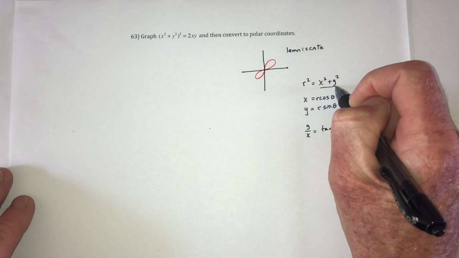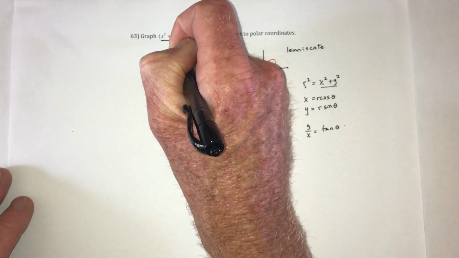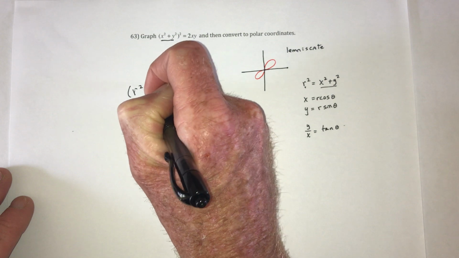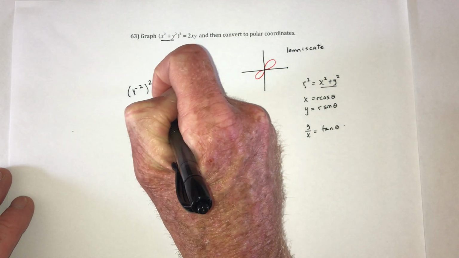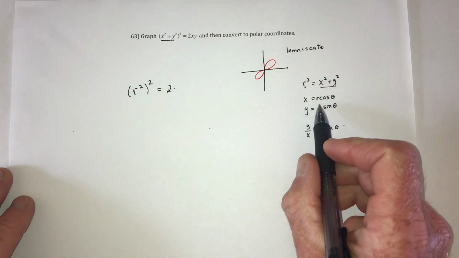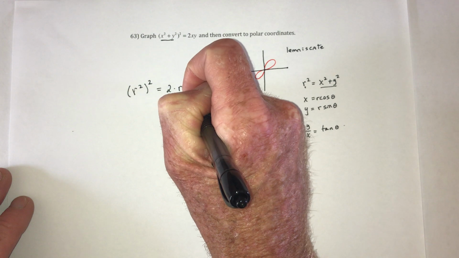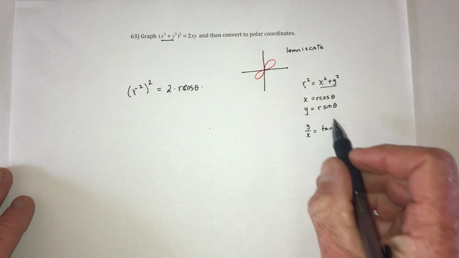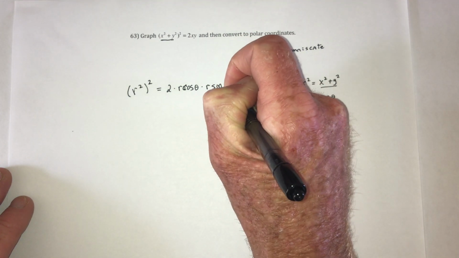So x squared plus y squared can be replaced with r squared. So that's what goes right here. So it's going to be r squared, and then it's squared, equals 2 times x is equal to r cosine theta, and y can be replaced with r sine of theta.